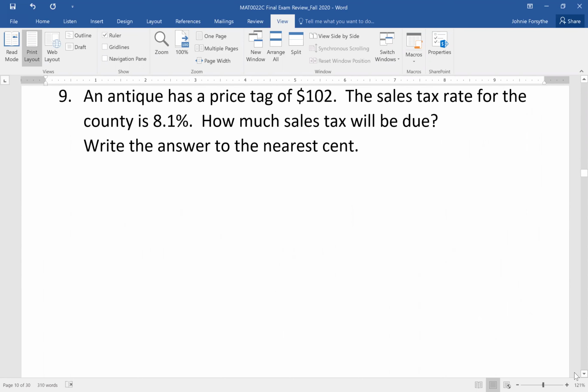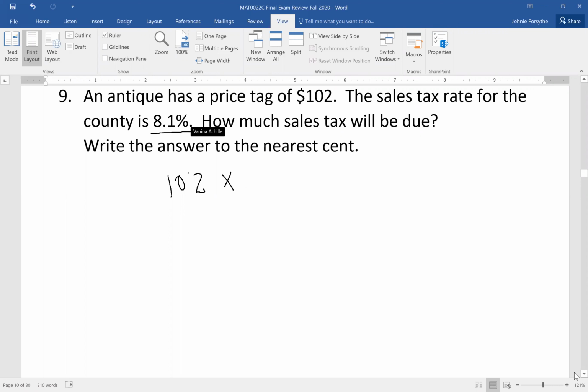Okay, so we have an antique with a price tag of $102, and we're trying to find the sales tax. One way that you can do this is you can take the sales price, which is 102, times the tax rate. Never multiply a percentage as is.